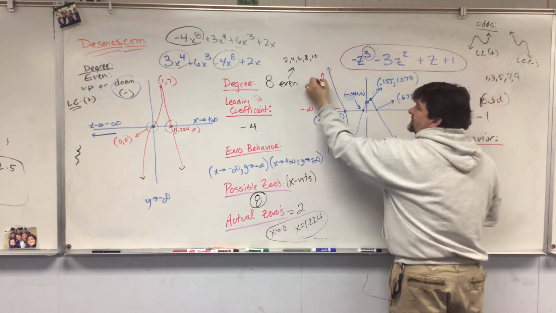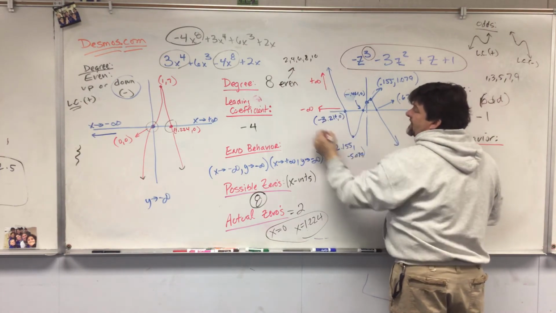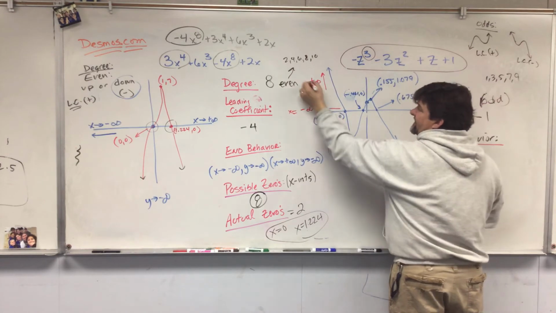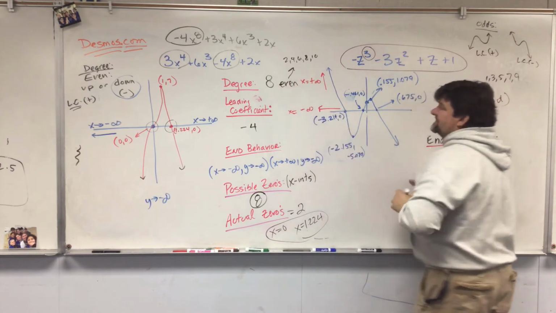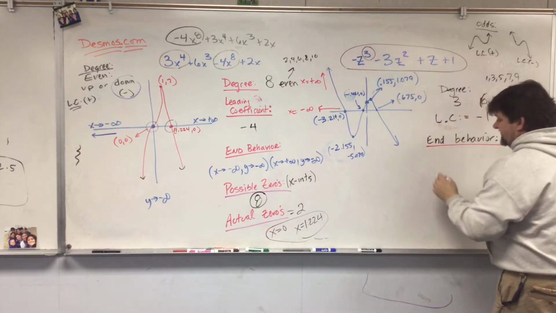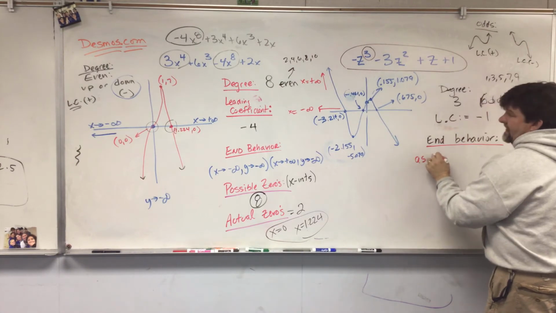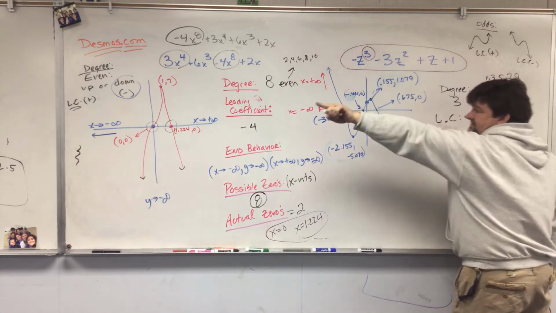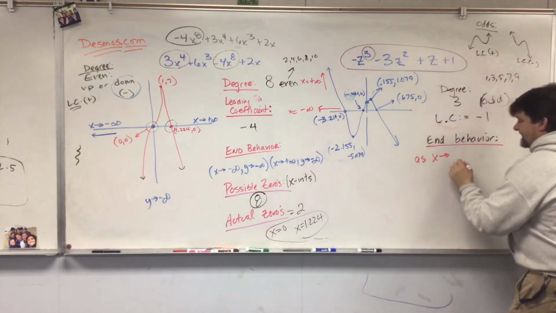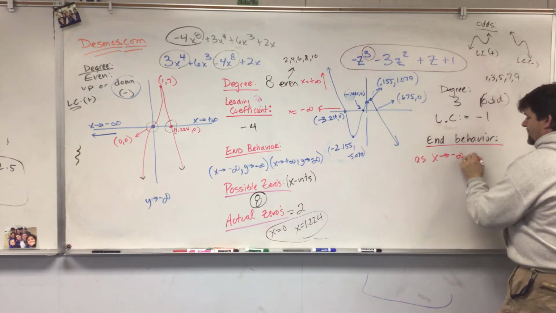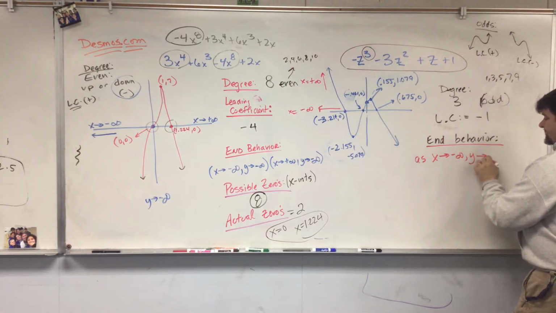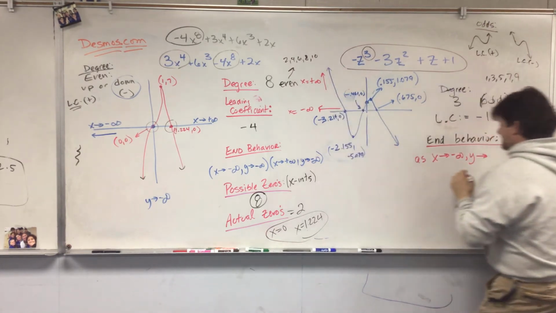This one goes towards positive infinity. So this is x equals negative infinity, and this is x equals positive infinity. So let's write our statement. As x approaches negative infinity, y approaches positive infinity.